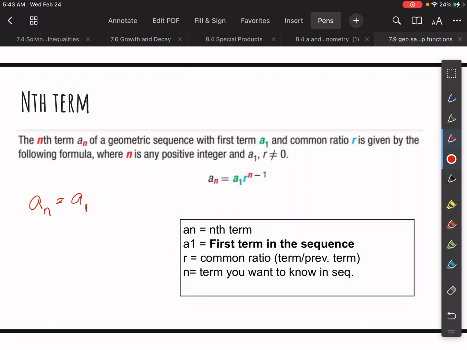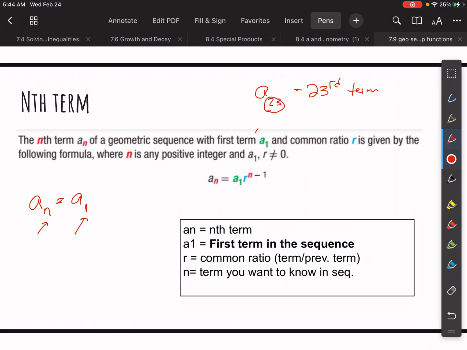These little subscripts, when dealing with sequences, just mean the term in the sequence. So if I said a sub 23, that means we're talking about the 23rd term in the sequence. That's what that little subscript means.